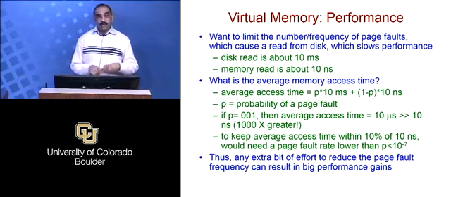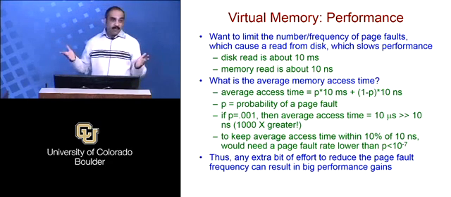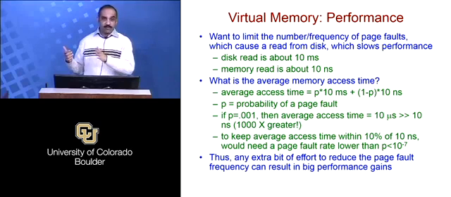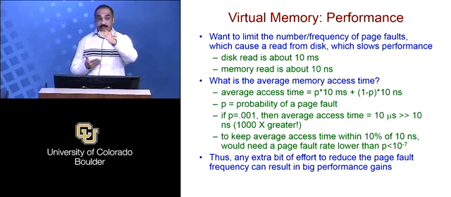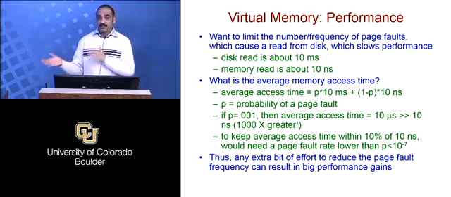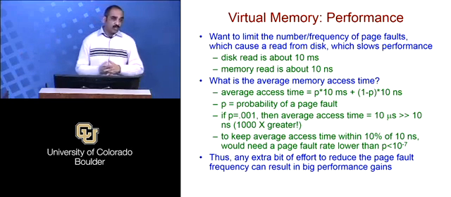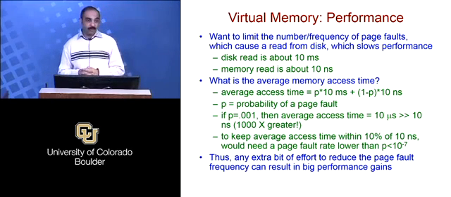Now, as you can imagine, page faults are bad because anytime there is a page fault, you have to move things from disk to memory, and also if all your frames are filled, then you have to move a page out of the memory into the disk. Access to the secondary storage is very slow. So page faults result in significant performance overhead.